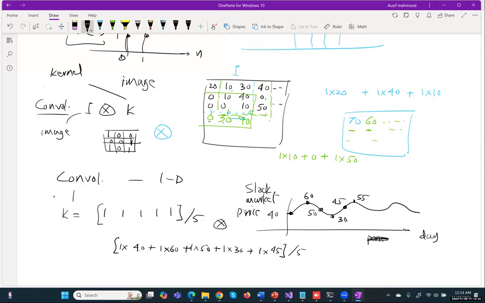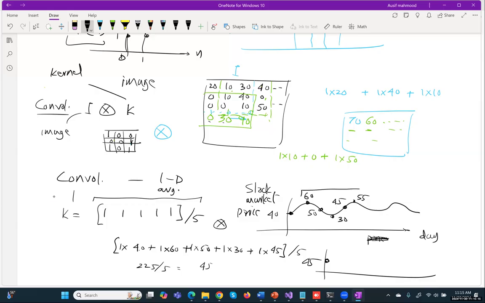As you can see, isn't all this doing the average? I took the 5 values, multiplying by 1 doesn't do anything, and as I divide by 5, it will do the average. So 40 plus 60 is 100, 150, 180, and 225 divided by 5. So what will I get? 45. So in my convolution answer, the first output that it produces will be 45, right?